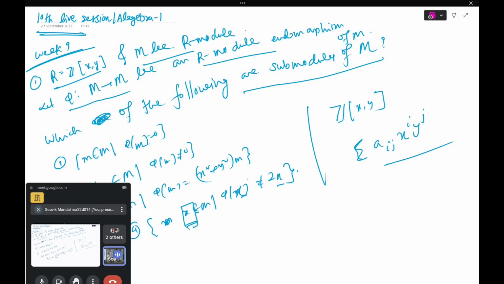Option one is a submodel, correct? And anyway, this is nothing but the kernel of phi, correct? You must have seen the kernel of some map, right? And a kernel is a submodel. So that's a submodel.